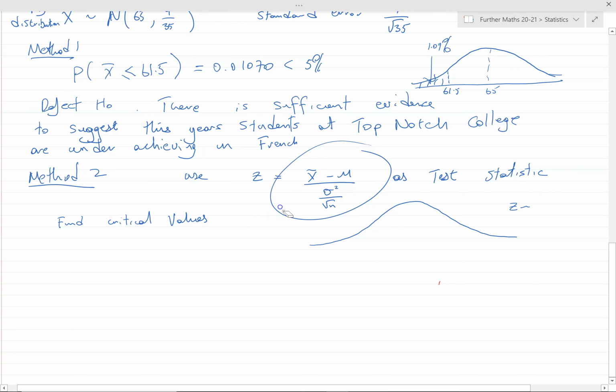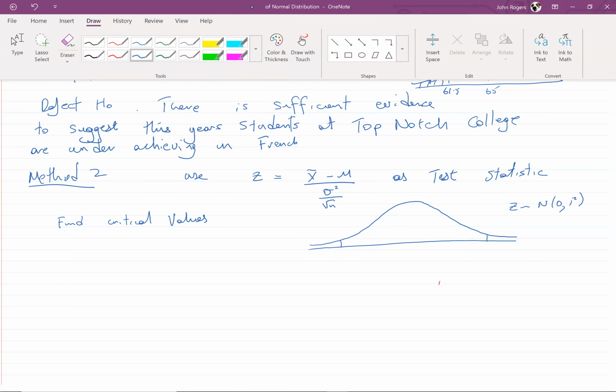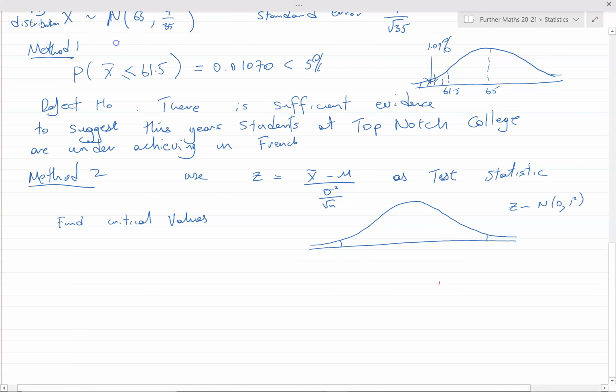We're transforming the sampling distribution to the standard normal distribution, which has mean 0 and standard deviation 1, and we're looking at the values at either end where, because it's one-tailed, there's 5% this side or 5% the other side.